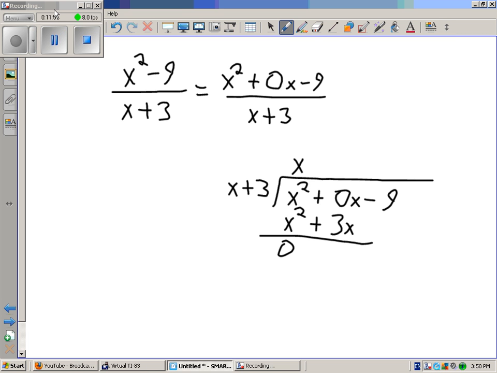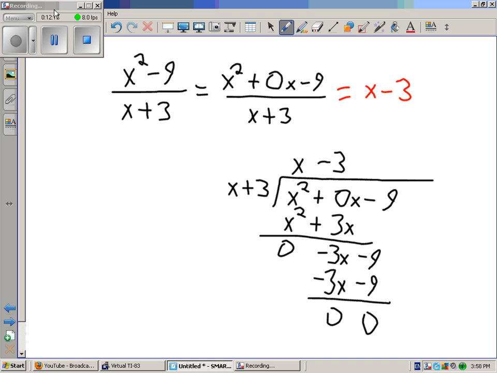Subtract, 0, 0x minus 3x, negative 3x, carry down the negative 9. X goes into negative 3x, negative 3 times. Negative 3 times x plus 3, negative 3x, negative 3 times 3, minus 9, 0, so we have no remainder. We get x minus 3, which is what we expected in the first place, with that difference of squares.